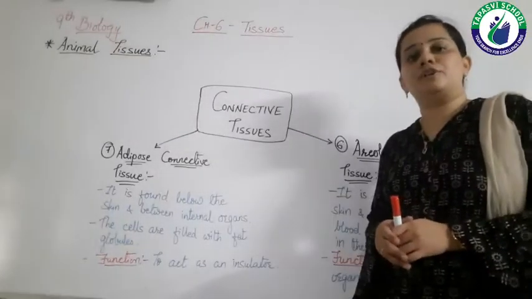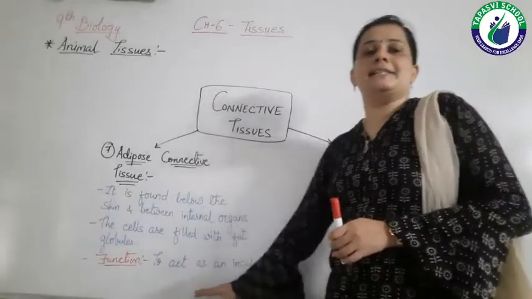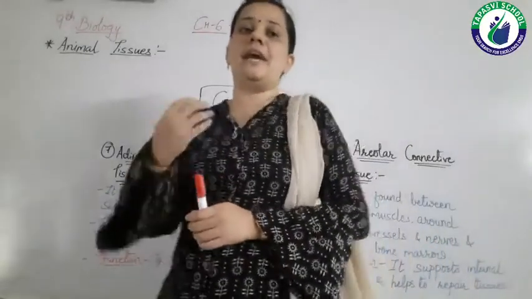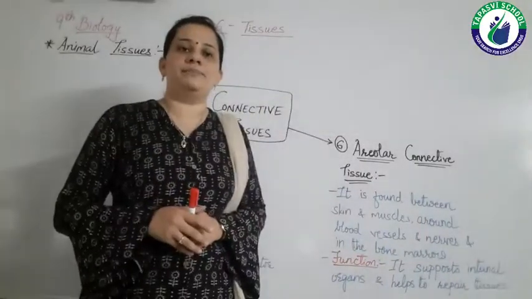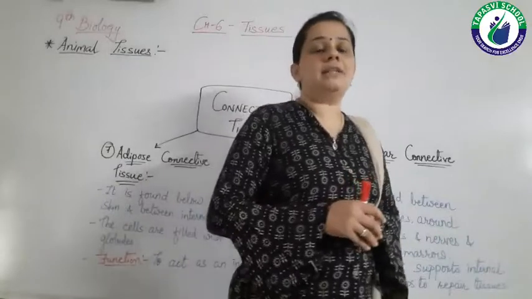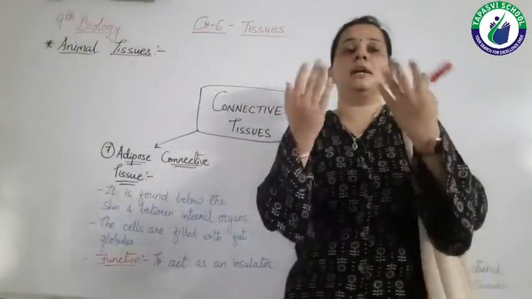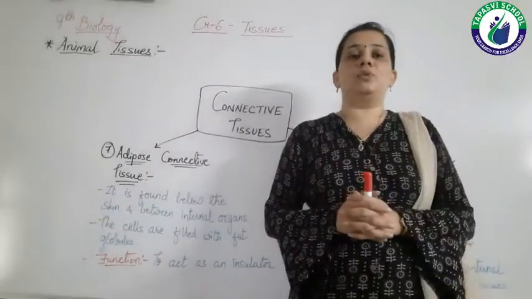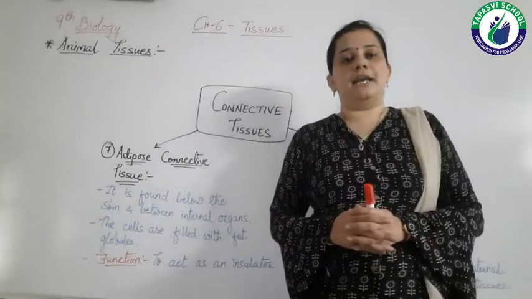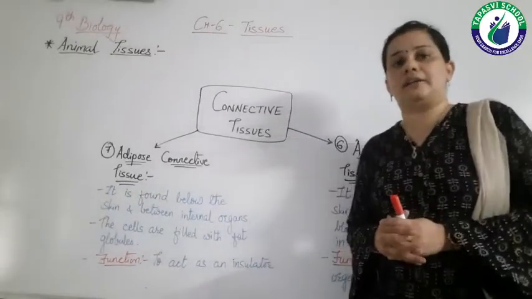And what is the function of it? It acts as an insulator. We know that we have heat inside our body. If we have fat in our body, then this heat does not go out into the surroundings because of the presence of adipose connective tissue, because it acts like an insulator.